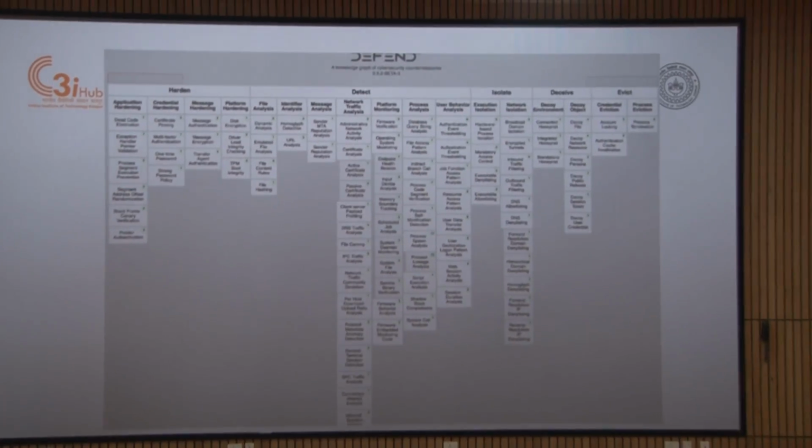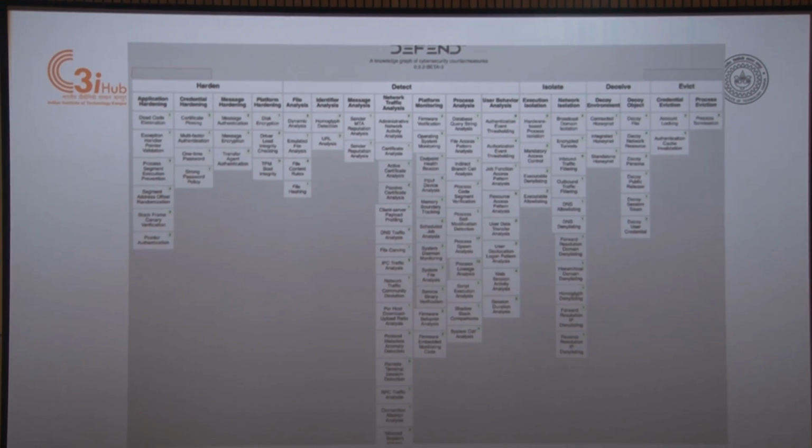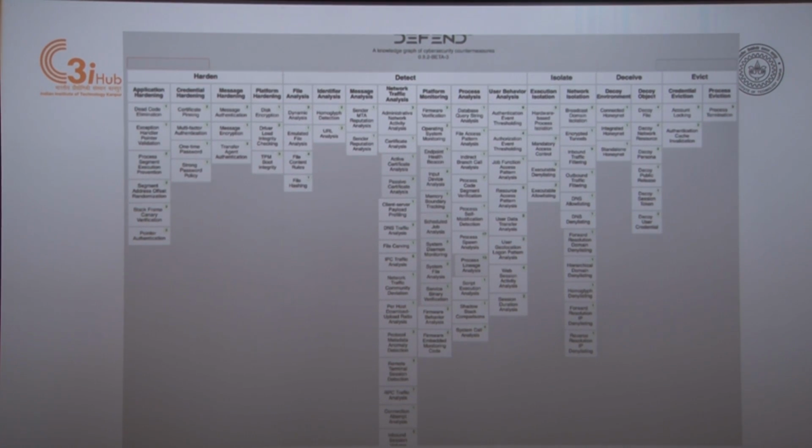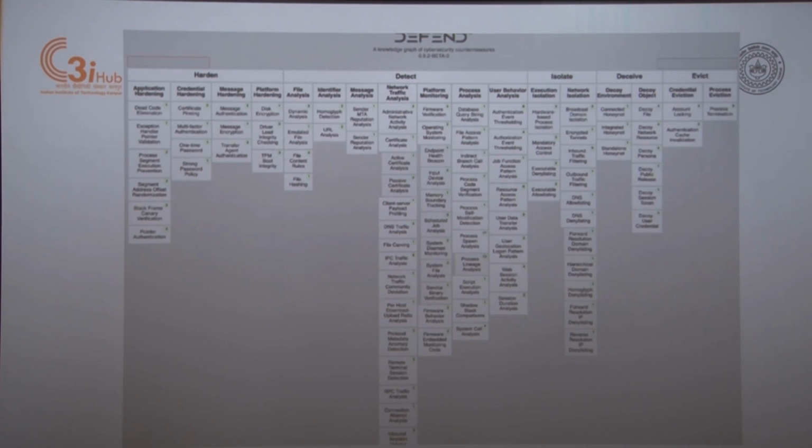So application hardening has many different techniques. Now this is not an exhaustive list of techniques, it can increase tomorrow. Like if you go to the D3FEND website 6 months later, you might find a few more in application hardening, right? Similarly, credential hardening. So multi-factor authentication is a credential hardening technique, right?